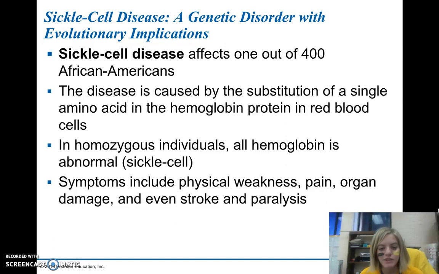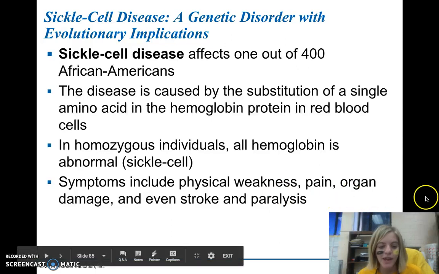And when there are low levels of oxygen, the hemoglobin is abnormal and causes red blood cells to be sickle-shaped. With homozygous recessive individuals, all the hemoglobin is sickle cell shaped, and these sickle cells can clog and cramp your blood cells, resulting in physical weakness, pain, organ damage, and even strokes.